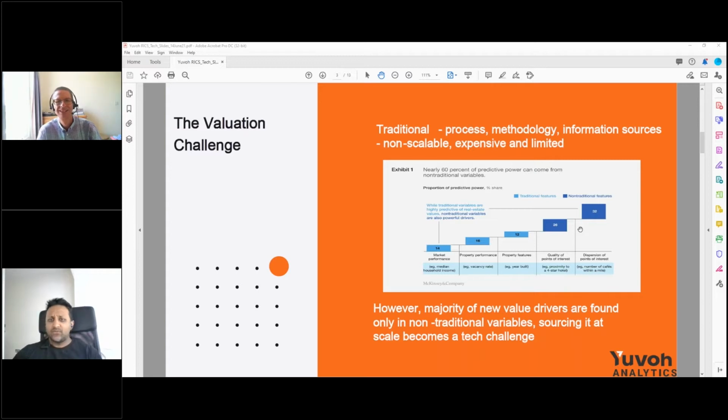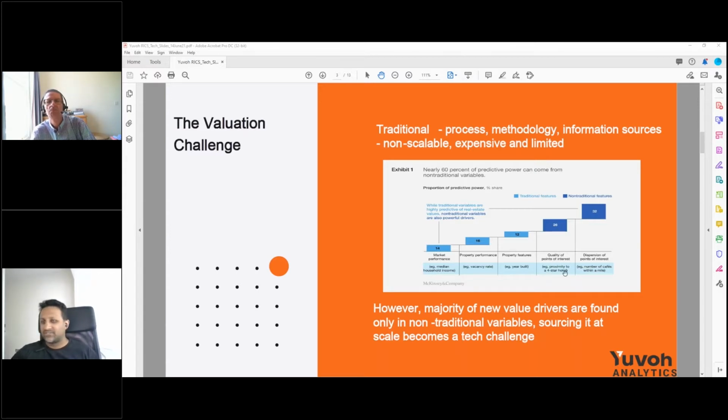There was a study done by McKinsey a couple of years ago now, and you've got your traditional metrics: what are the nearest properties selling for, the year of build, and the usual stuff that you would normally look at. However, what McKinsey stated, and we'd already started down this journey a year or two by this point, is they said, look, you really need to look at the non-traditional aspects of property valuation.